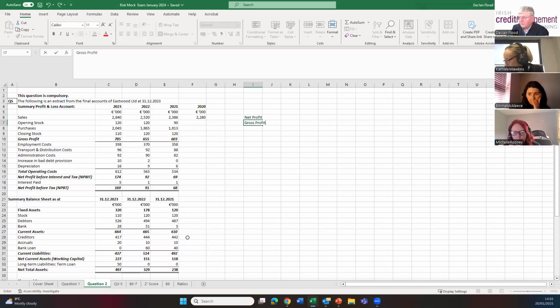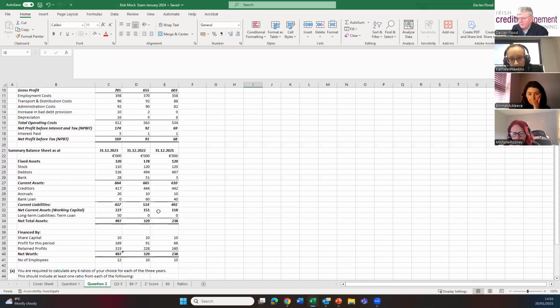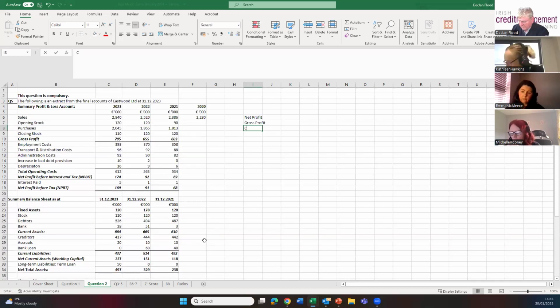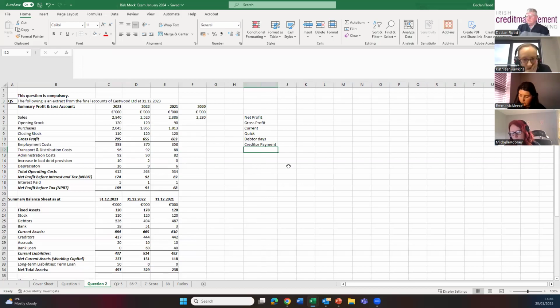So they're my 2 profitability ratios. The other ones are solvency, or liquidity, so I'll do my current ratio, and I'll do my quick. And for management efficiency, I'm going to do debtor days, and I'm going to do creditor payment. So there's the 6 that you're going to pick.